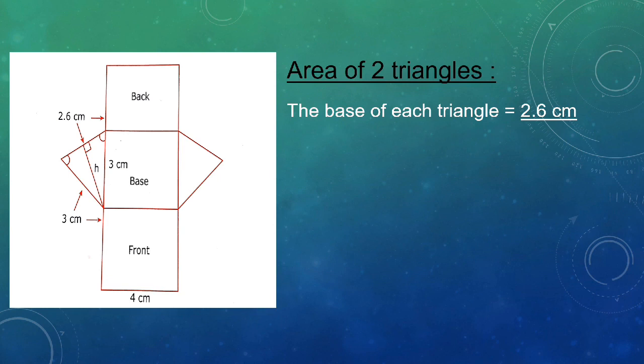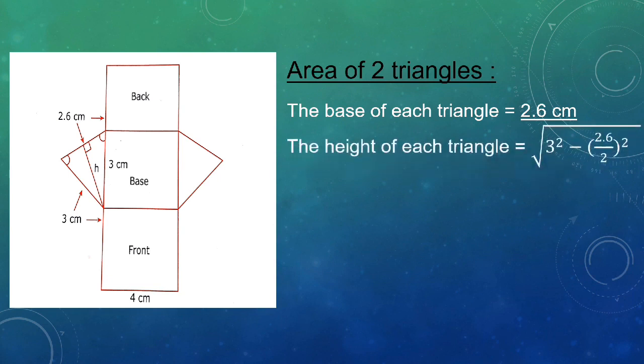So meaning we have this one. The height of each triangle is equal to the square root of 3 squared, which is our hypotenuse, minus 2.6 over 2 squared. Why 2.6 over 2?